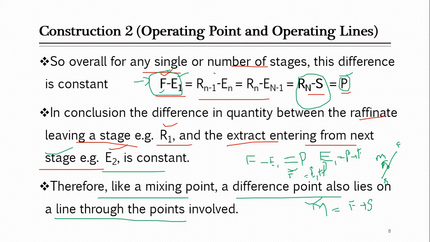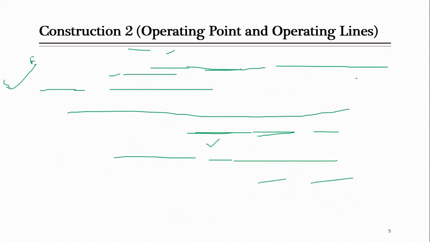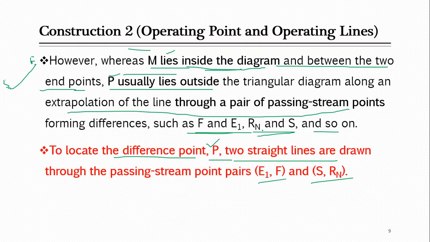And I told you in the last slide how you will get these when you apply a balance on the whole system from stage 1 to stage N. So when you apply the balance on the whole system you can get this pair as well as this pair. When I have these, I can draw the two straight lines through the passing stream points.